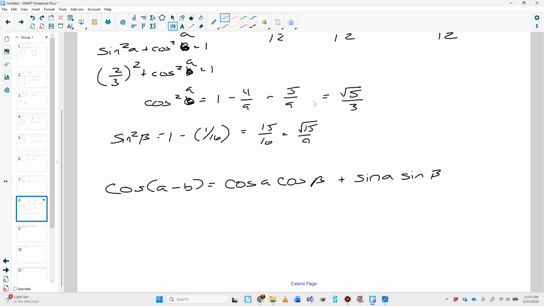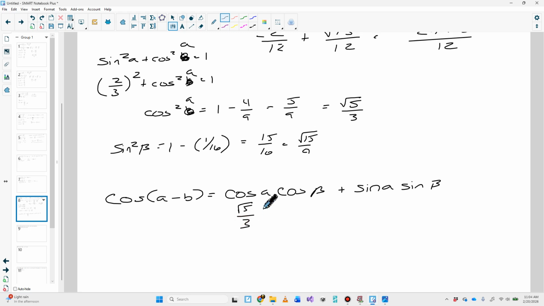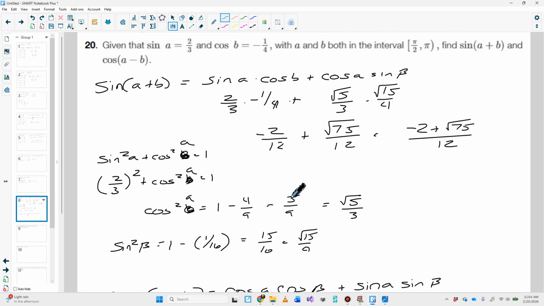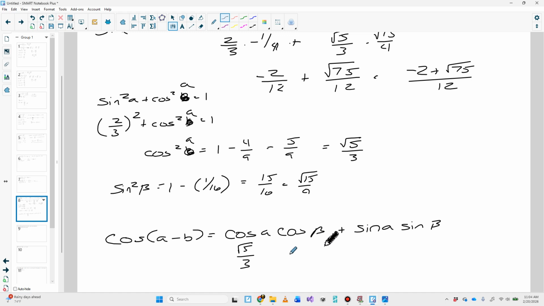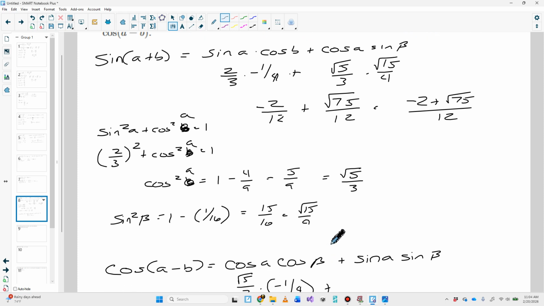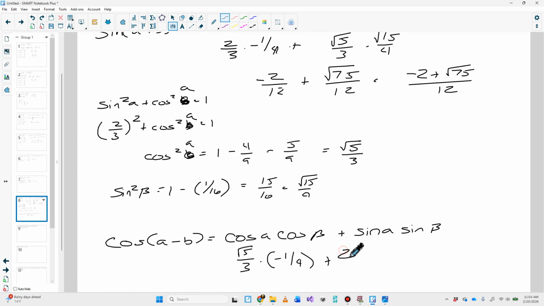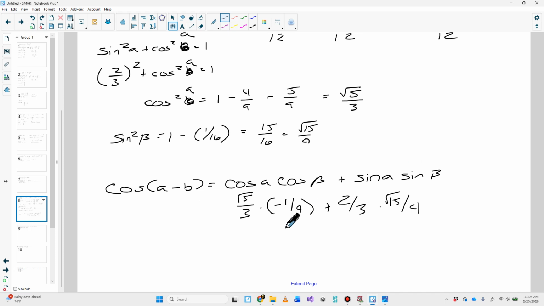It is the square root of 5/3. And cosine of beta was already given to me up here. Cosine of beta was negative 1/4, so we're going to write that down, times negative 1/4. The sine of alpha was already given to us up here, so that is 2/3. And the sine of beta was already found down here to be the square root of 15/4. And so now I multiply these together.